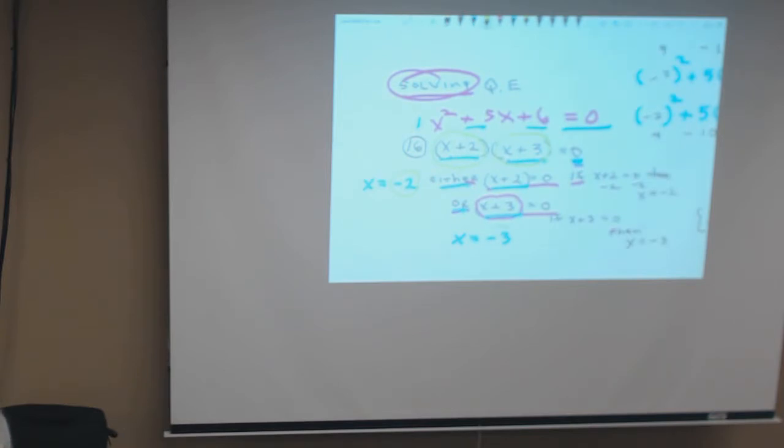Everybody follow that? There's a couple of ways to look at it. You can rewrite it as x plus 2 equals 0, and then subtract 2 from both sides. X plus 3 equals 0, and then subtract 3 from both sides. See what's going on? There's a couple of ways to get there. You just have to find a way that works for you.